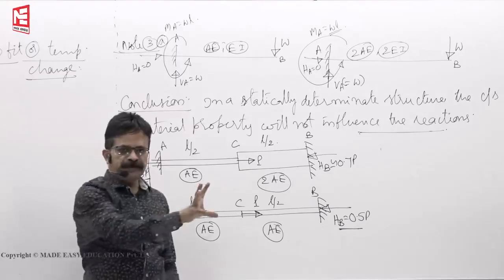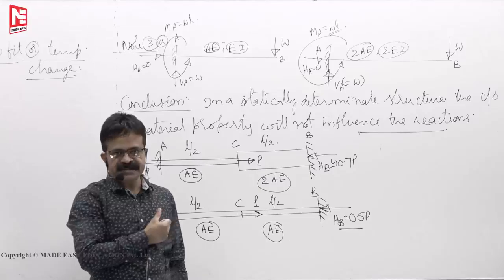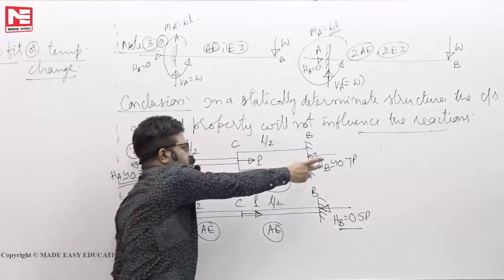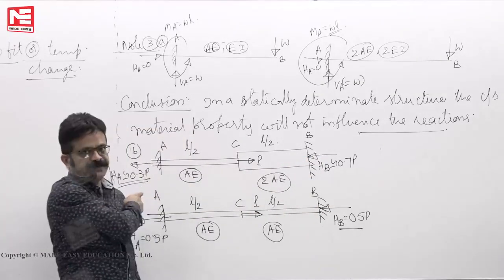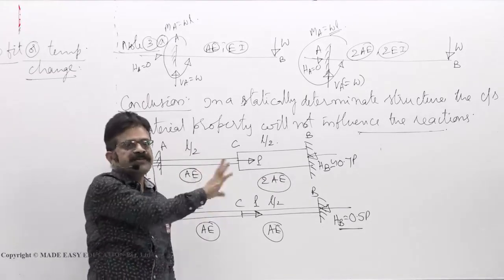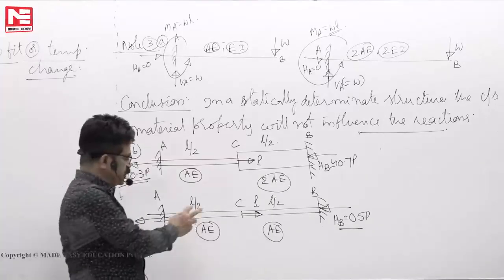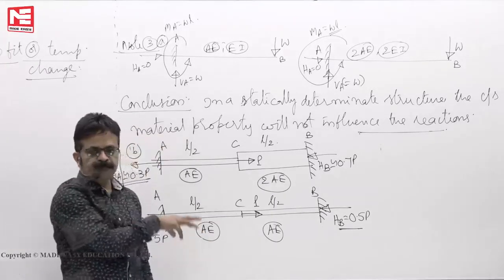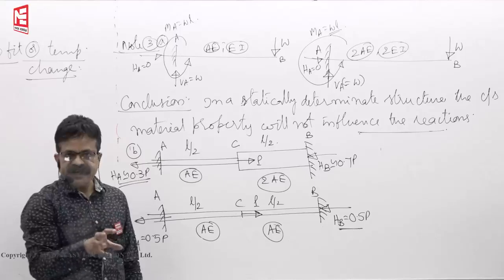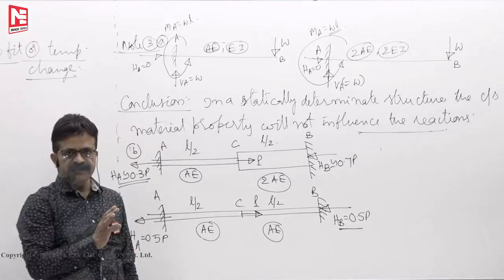So when you apply load P, the stronger member takes more load, the weak member takes less. That means reactions are more than 0.5 P and less than 0.5 P. So the stronger the member, the more its share. Then who will decide? As you have learned, AE by L, axial stiffness decides who is strong axially, who is weak axially.